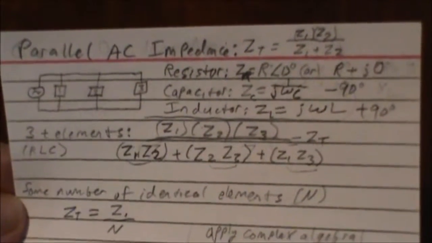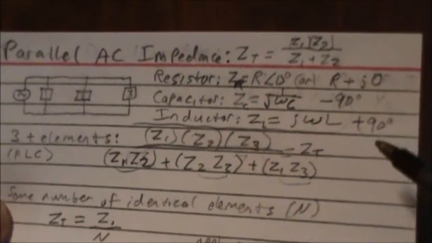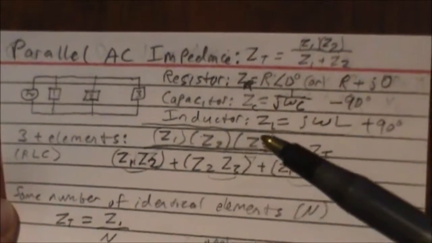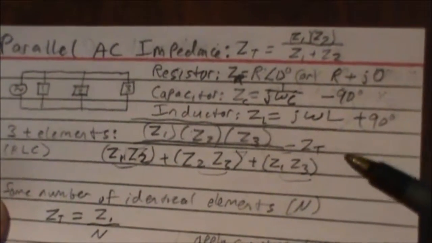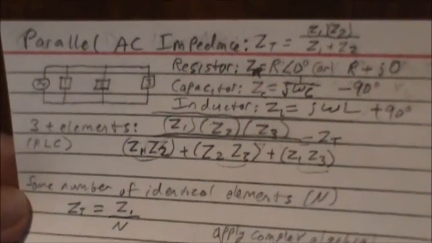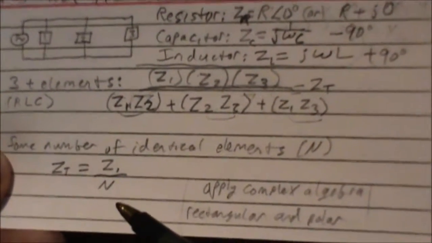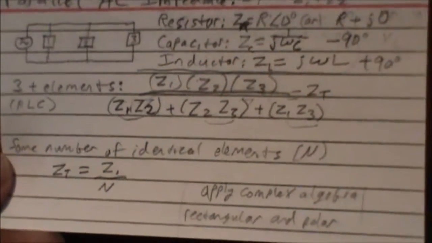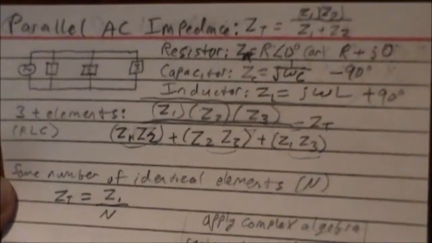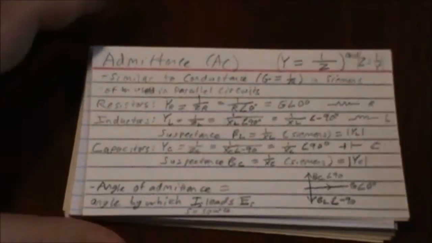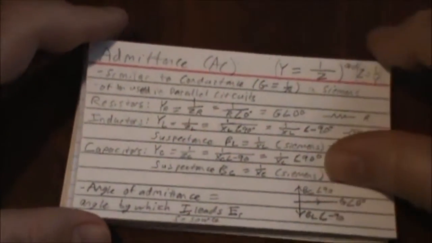Or if they're all the same value, you simply take the ohms of impedance divided by the number of elements. That's exactly what I have down here. And it's complex algebra, because remember, you have to account for your angles as well. So that's series and parallel AC impedance.